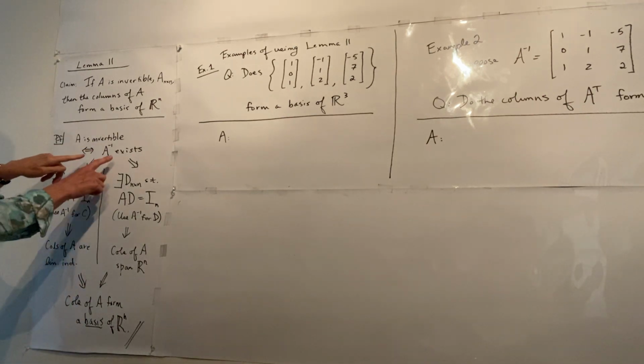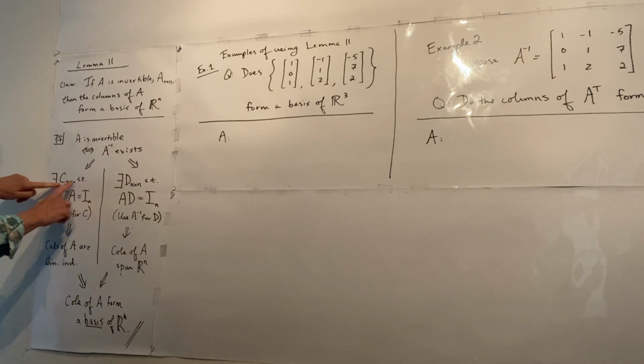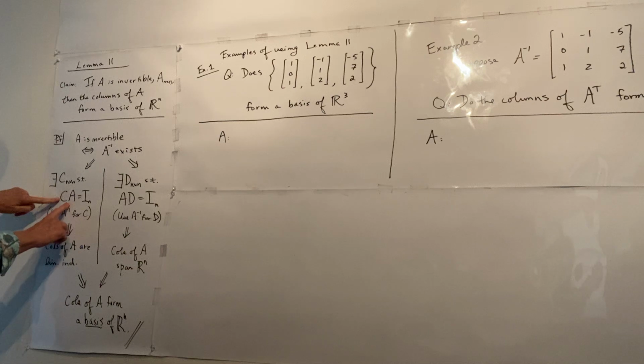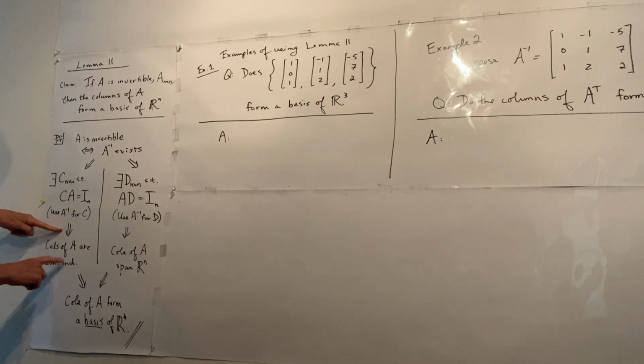Well, if you remember from the previous lemmas, if A inverse exists, that means we can use it as C such that CA is equal to In. That means A has a left inverse, but from Lemma 6 or 7, that tells us that the columns of A are linearly independent.